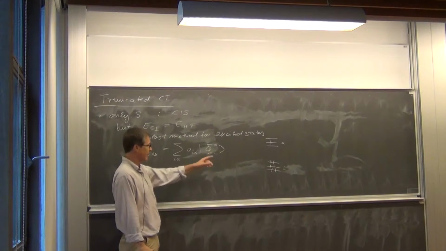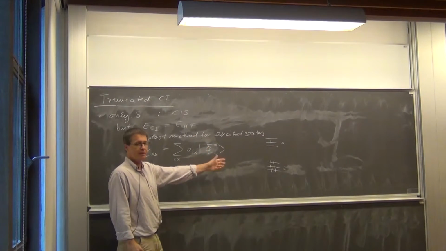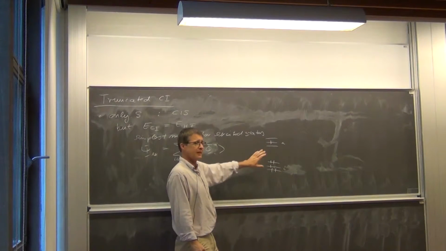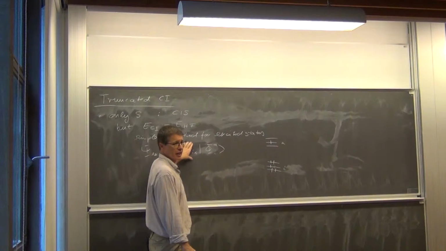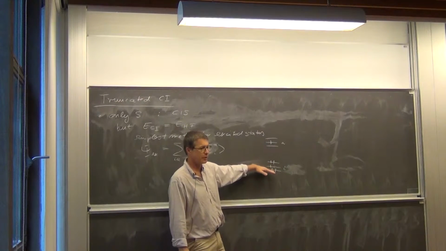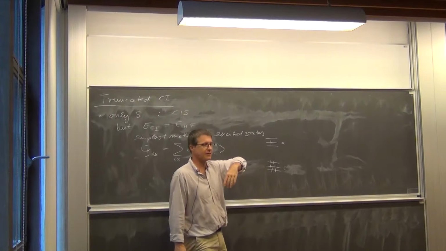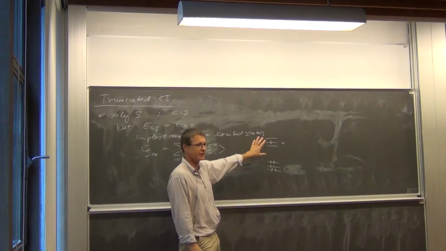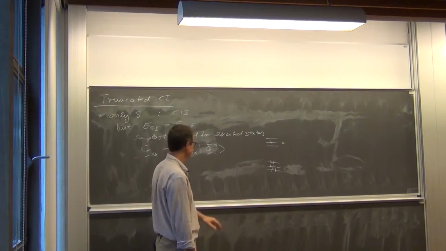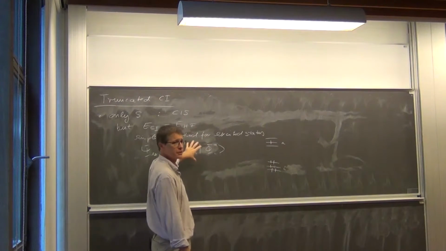So this is a simple one-electron excitation picture. And then those coefficients tell you how much this simple transition from one occupied orbital to one virtual orbital, like a HOMO-LUMO transition, or here a HOMO-1 to LUMO+1 transition, contributes to your excited state.